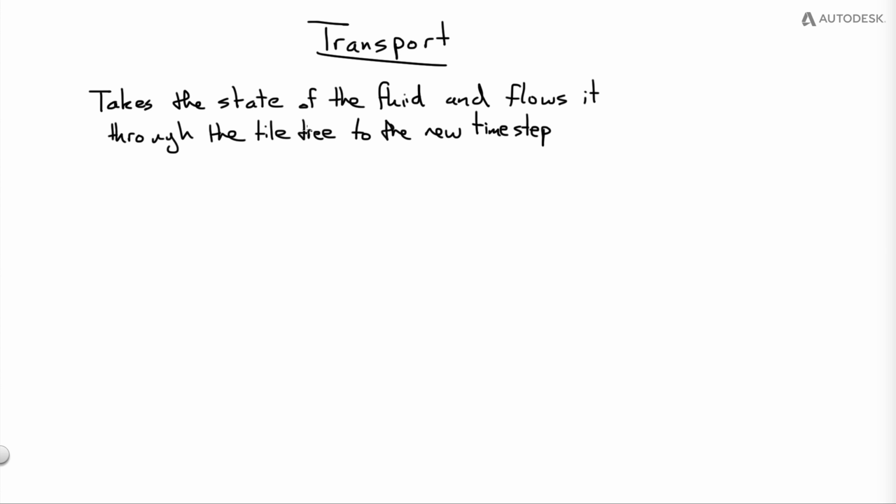By the way, I should mention here, although I sort of am hinting at the tile tree being like this fixed in space thing, it's an entirely dynamic data structure. So under the hood, every time step, the tile tree can have a different refinement pattern.